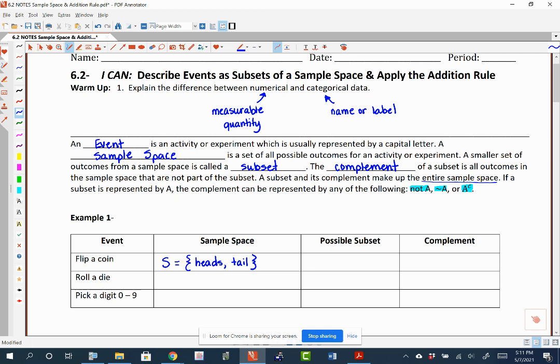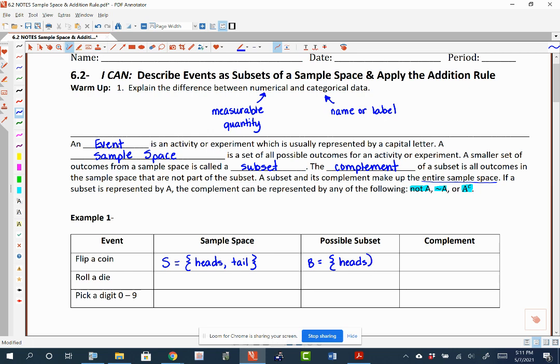But I can break this down a little bit more into a smaller set of outcomes. I know I can get a heads or a tails when I flip a coin, but maybe I look at something a little bit smaller. Maybe I'll call this one B. Maybe I just look at heads, a smaller set of outcomes.